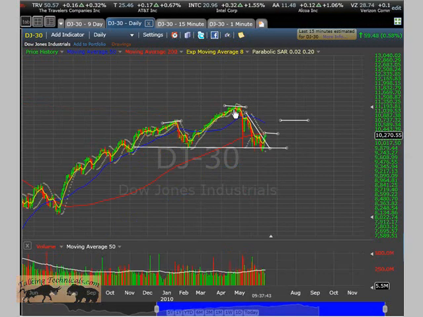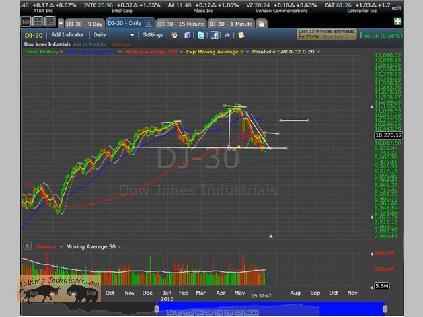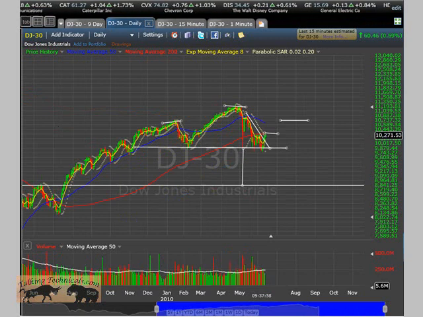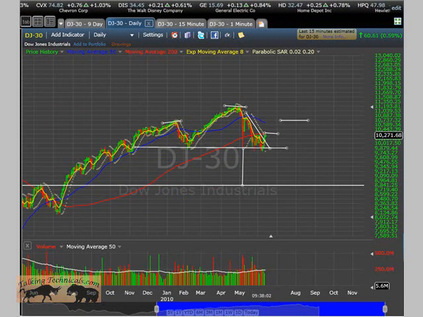Now on the Dow, if we take the measured move, all I'm doing is drawing a vertical line from the head to the neckline, extending it down, and then I'm going to throw a horizontal line across where it lines up. Now it does line up with a support area.